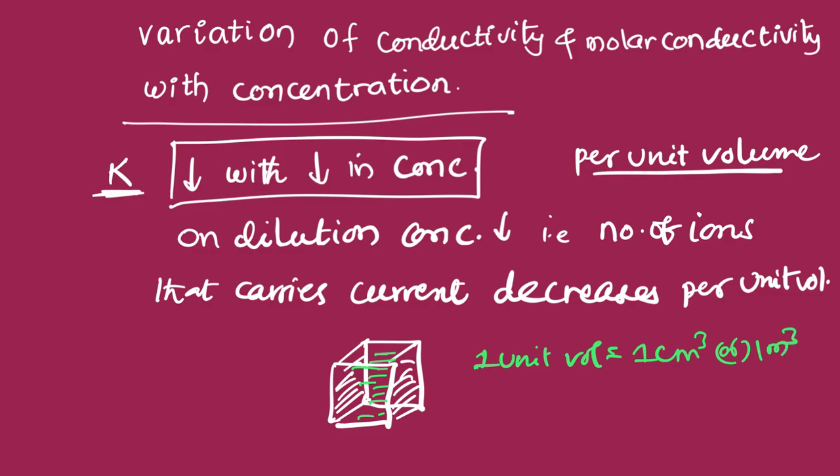Now I am adding water. If you add water, then what will happen? All the liquid flows out, and along with it some electrolyte also comes out. It means the number of ions, for example NaCl, also flows out. Therefore, the number of ions that carry current decreases.